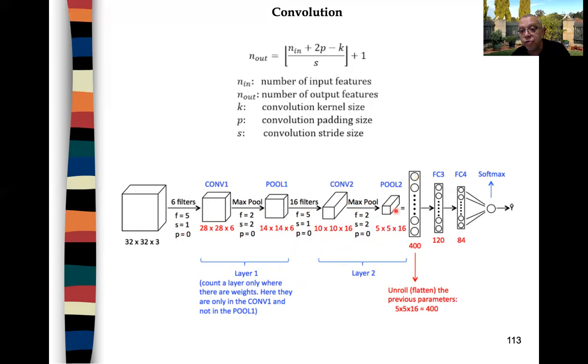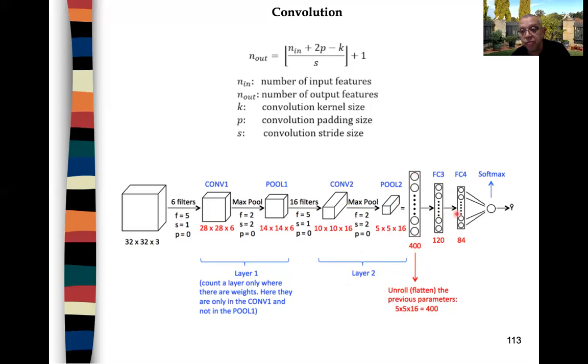And then usually what they do, as we said, is they unroll or flatten the output of the layer before the last, the last convolutional layer. So if this is 5 by 5 by 16, it becomes 400.